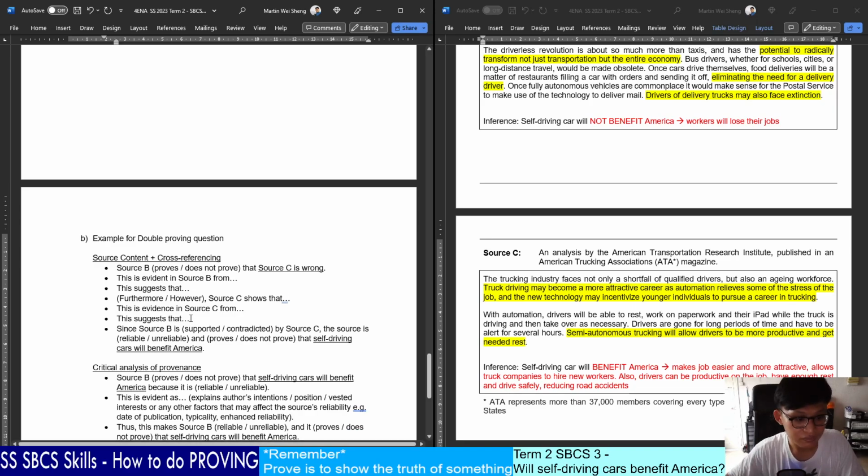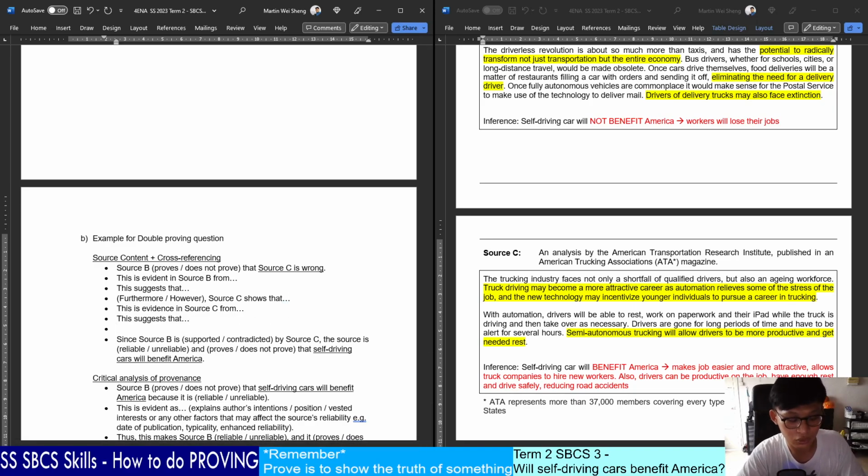Then the next line I would do my cross-referencing to a third source.